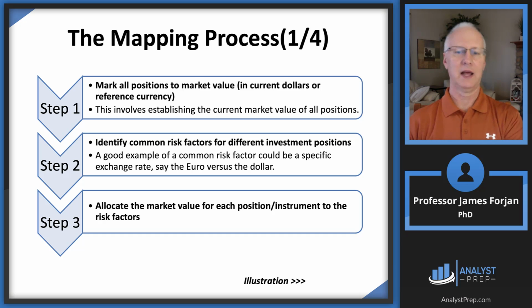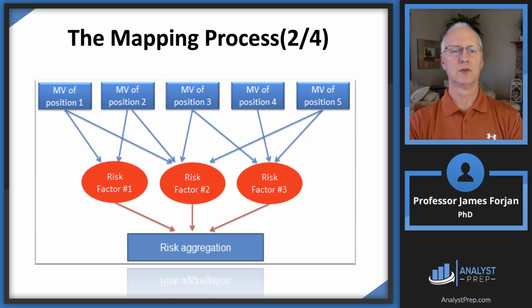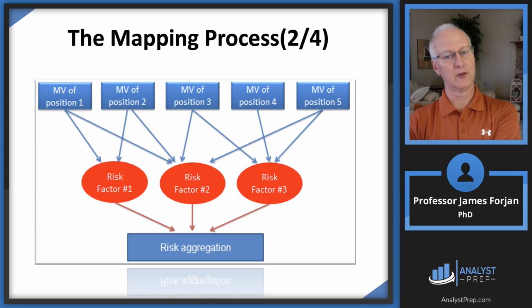So we're going to allocate that market value to each risk factor, and this is a good illustration here. If we have 5 positions and 3 risk factors, notice that most of the positions are exposed to just 2 risk factors. So look at the market value of position 1. That's exposed to risk factor 1 and risk factor 2, but not risk factor 3.